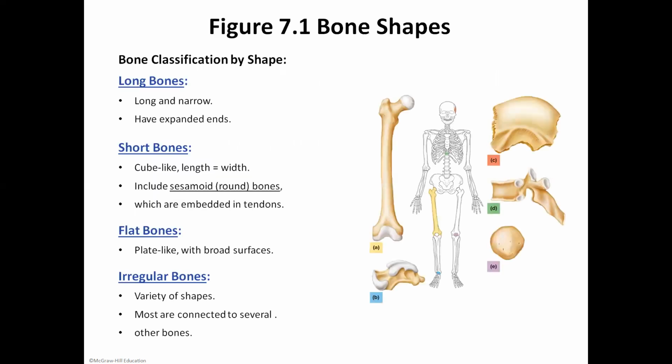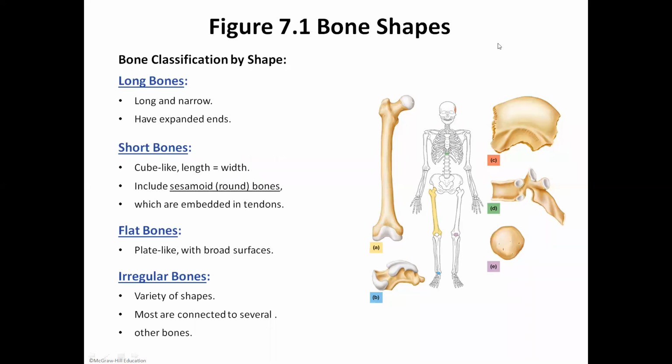So thinking about classifications in terms of their shape, there are 4 major classifications, but I'm going to introduce a 5th idea. So be prepared that there are 4 different classifications, but we're going to be actually talking about 5 different names. So when we classify the femur or the tibia and the fibula and the humerus, those are what we consider to be long bones.